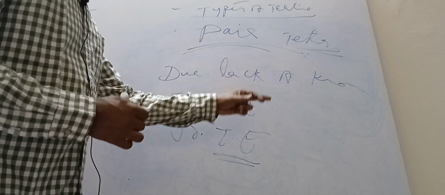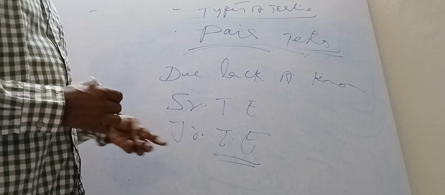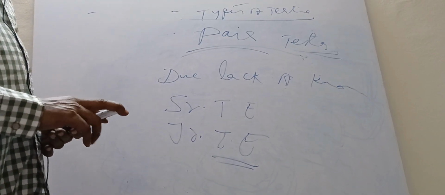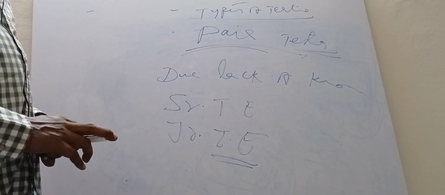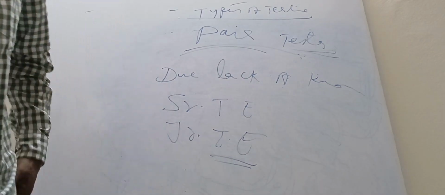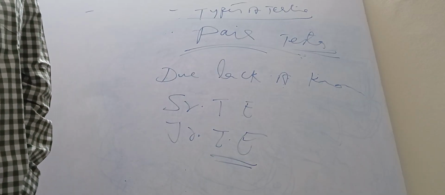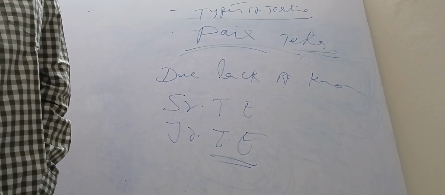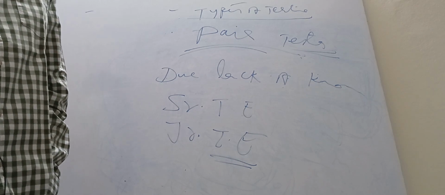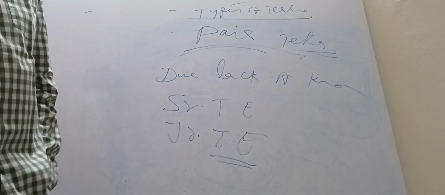Due to lack of knowledge of the application or domain, a senior test engineer is grouped with a junior test engineer, and they learn the testing and proceed. That is pair testing. Due to lack of knowledge or inexperience in testing, junior test engineers are grouped with a senior test engineer to share testing knowledge. This type of testing is called pair testing.